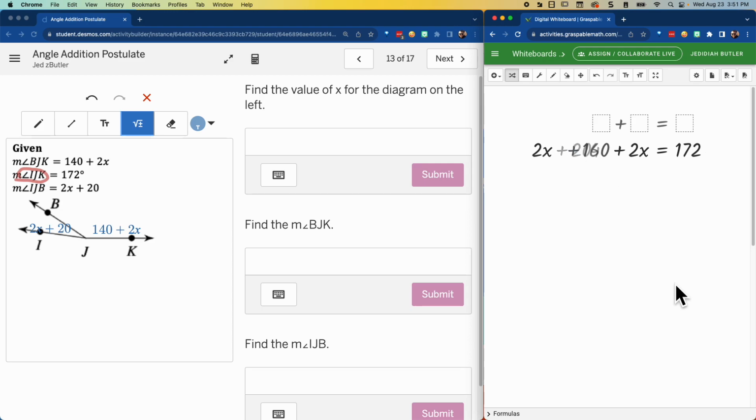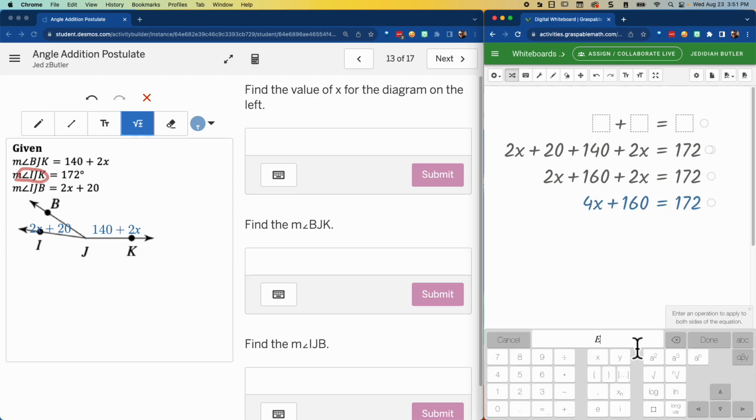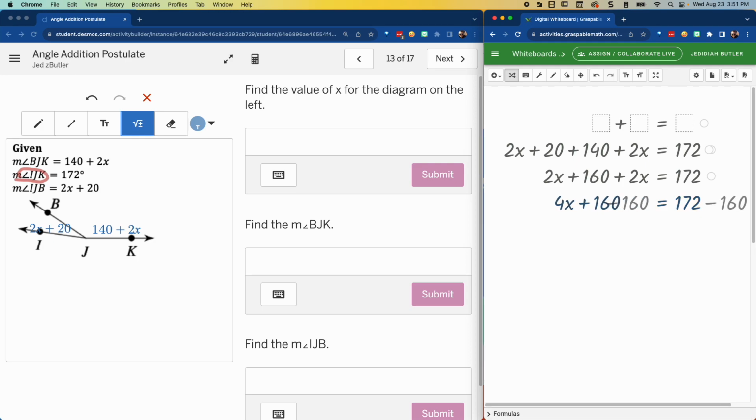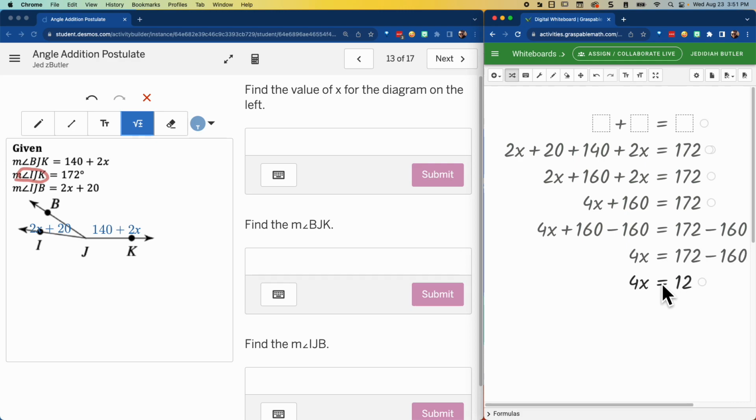Now I have some combining like terms. 2x and 2x is going to make 4x. Now, if I click on the plus sign and drag it, we'll drag that whole term. That's kind of nice. So I have 4x plus 160 equals 172. Let's subtract 160 from both sides. That'll give me just 4x. And on the other side, I'll have 12.